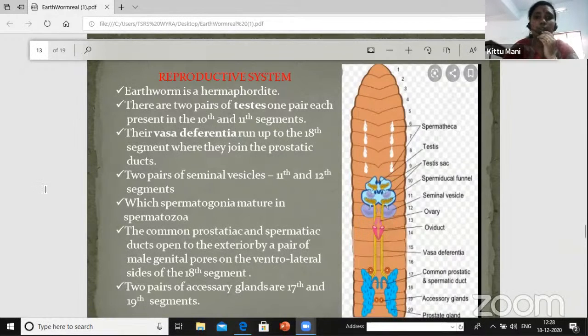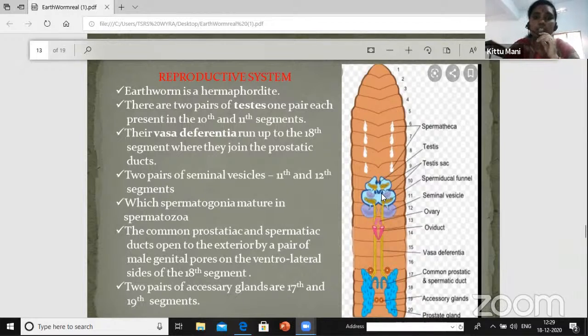Two pairs of testes, one pair each present in the 10th and 11th segments. Here we will observe these are the testes. The blue colored dot-like structures in this region are the testes at the 10th and 11th segments.